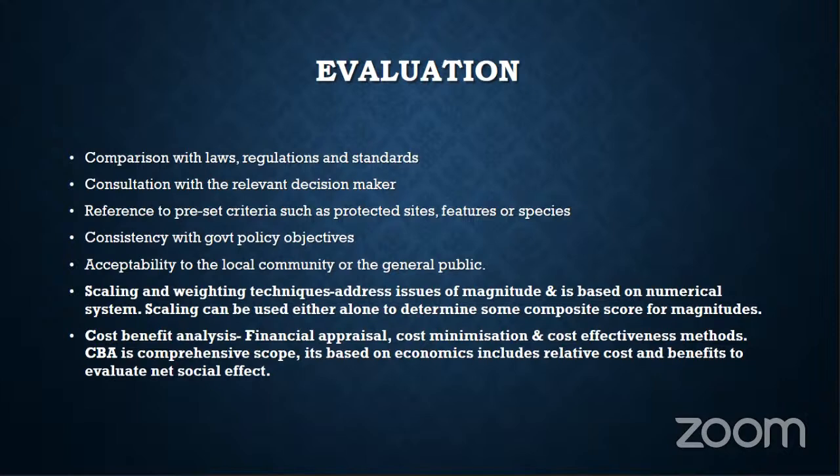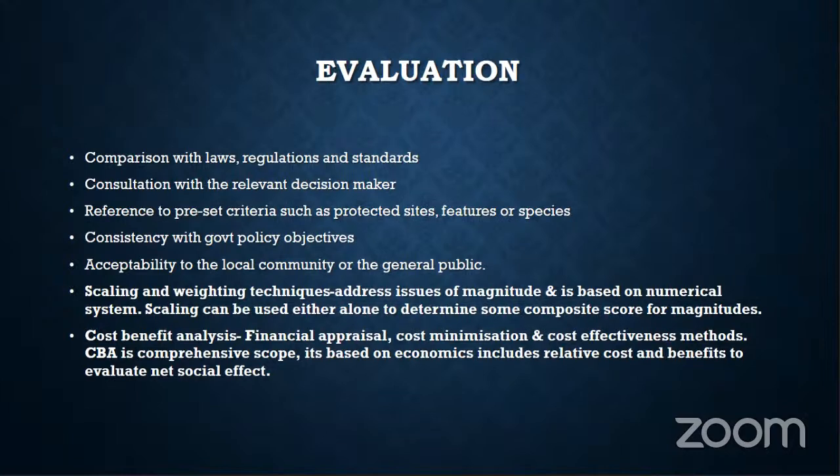So later, we have some techniques for evaluation. We can use these two techniques. One is the scaling and weighting technique, another is the cost benefit analysis. In scaling and weighting techniques, the scaling refers to a magnitude, so it's numerical data.